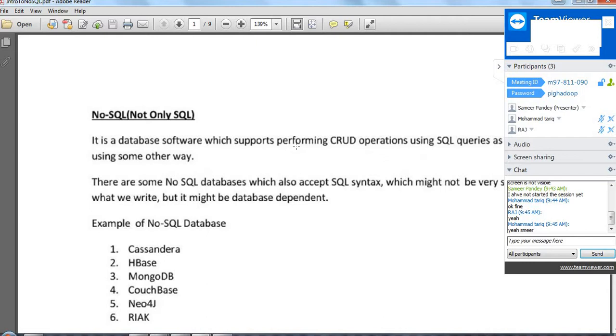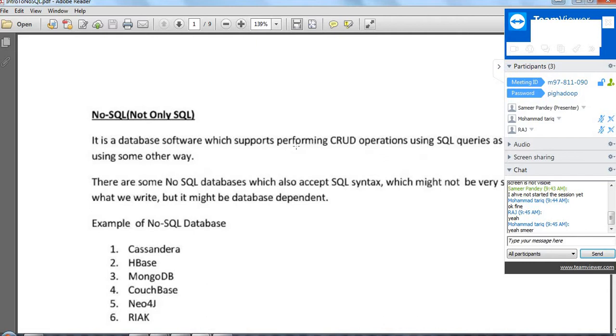When I say NoSQL, people think it's a query language on unstructured data, but there are a lot of things involved. SQL means a query language writing queries on structured data, and NoSQL means doing operations for structured, semi-structured and unstructured data as well.